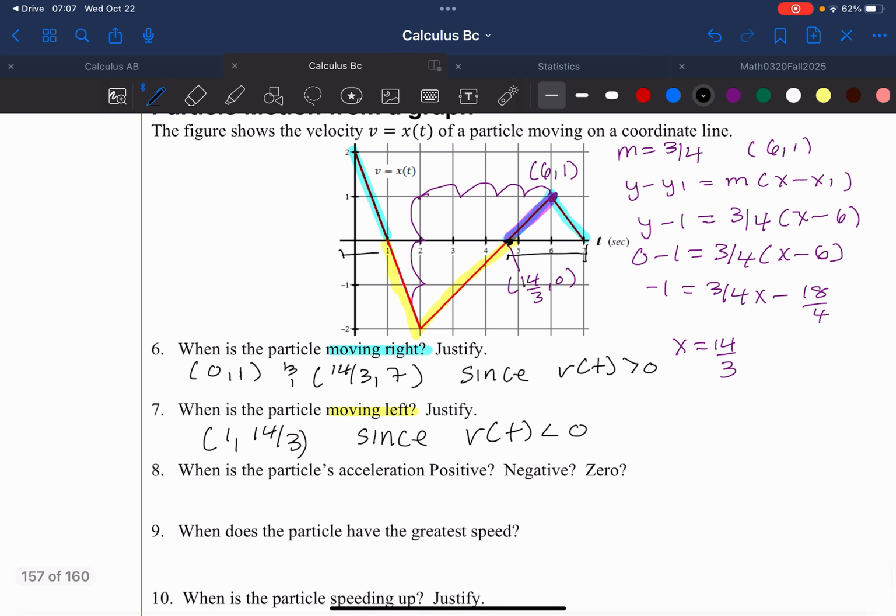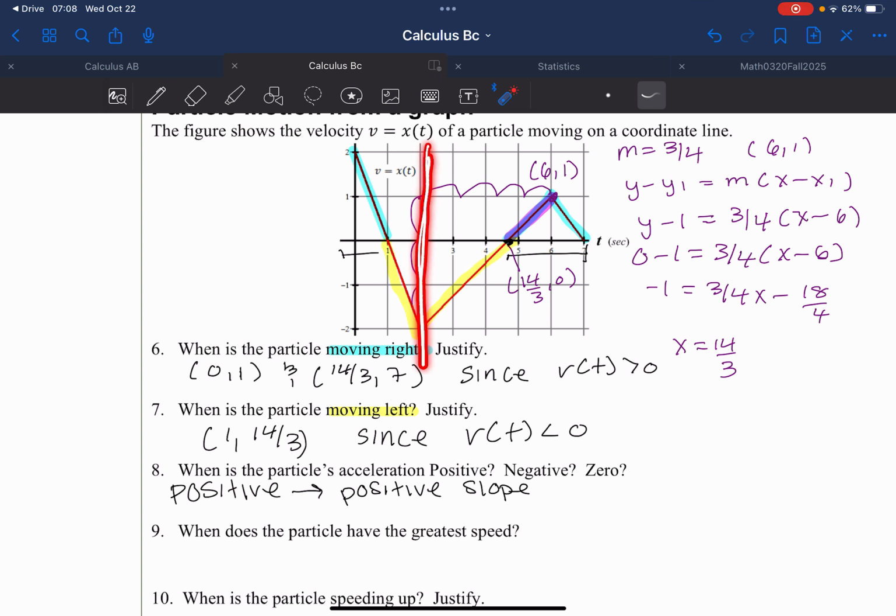Then it says, when is the particle's acceleration positive, negative, or 0? Okay, so let's start with positive. Well, we know the acceleration is positive when we see a positive slope. And the only time we see a positive slope would be from here, 2, all the way to 6. So from 2 to 6, okay, v of t is increasing.